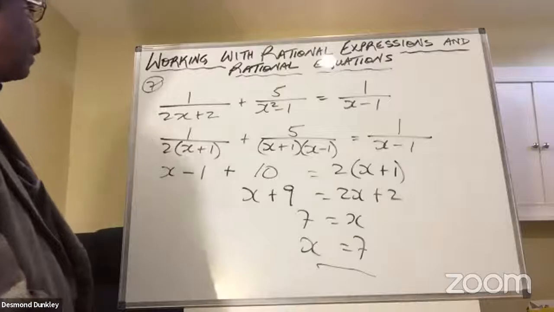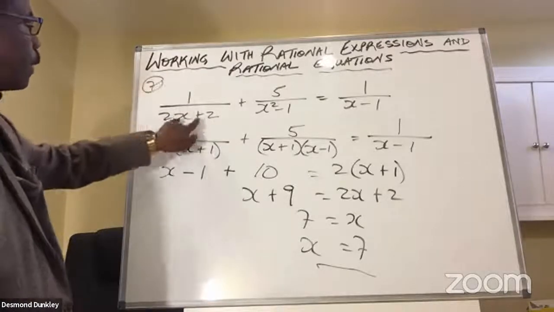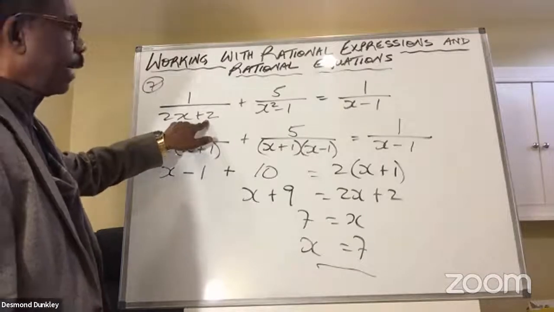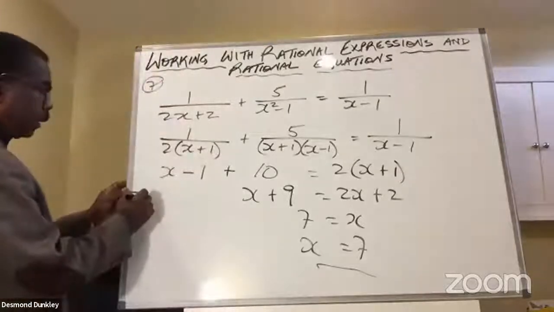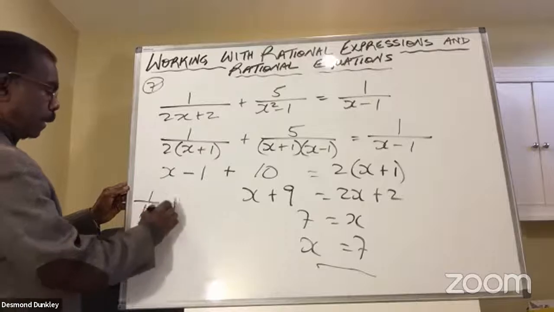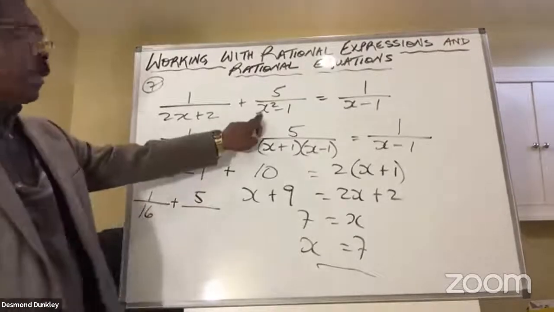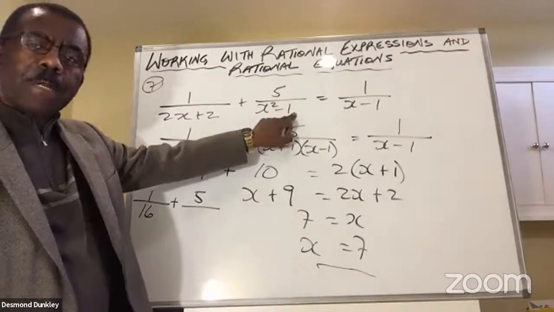So let's try. If I plug in 7 for x, this becomes 1 over 16. So that becomes 1 over 16 plus 5 over 7 squared, which is 49, take away 1 is 48.